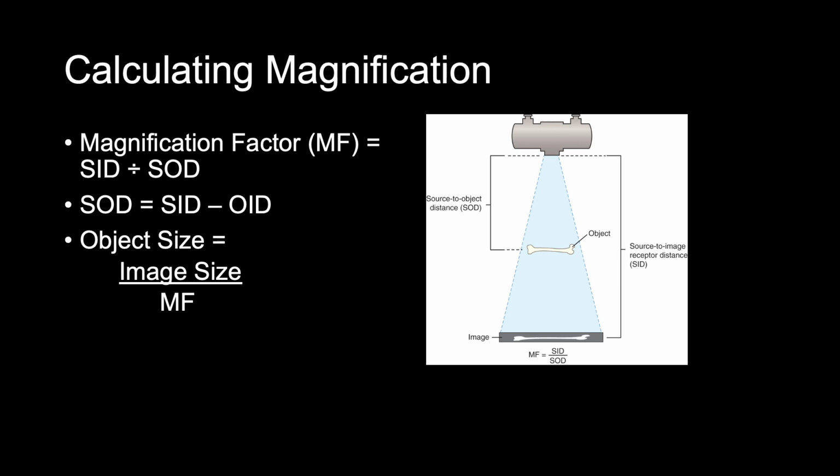SOD can be expressed mathematically. To find our magnification factor, we do SID over SOD. You take the SID and divide it by the source to object distance, and this will give you your magnification factor.